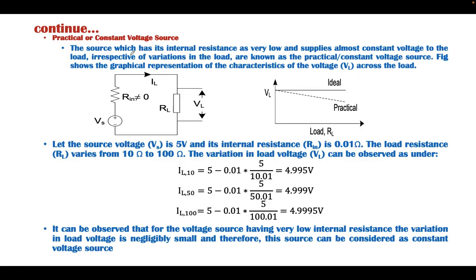Now consider the practical constant voltage source. As no source is ideal, the internal resistance may be as low as possible but not 0.